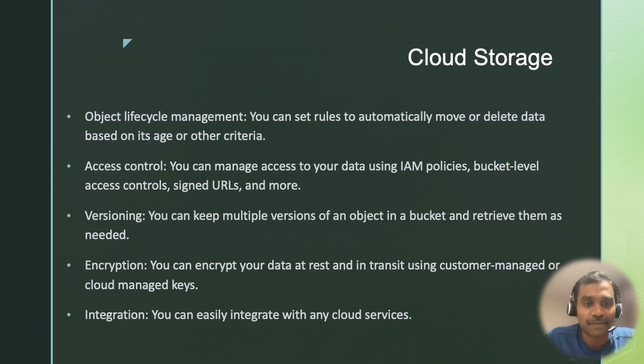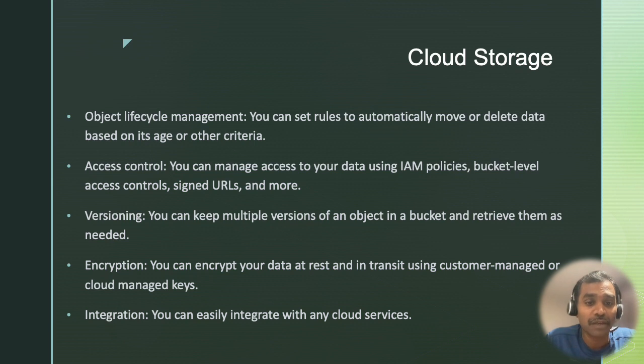When we store data, it requires some access and some versioning. So what is access control? Who can access the data? Because it's not in our local computer, it will be in the cloud, so we have to define who can access the data. If you override the file, what will happen? That is why we can have versioning.